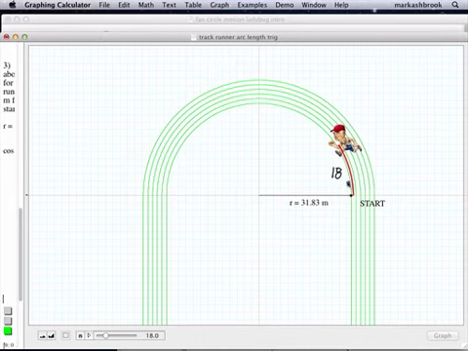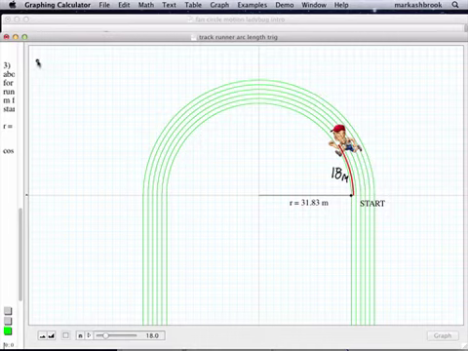The runner runs 18 meters around the circular path of the track. Okay, so without a calculator, how would you express the angle of rotation that the runner has swept here by running 18 meters? What's the angle the runner has swept by running 18 meters?